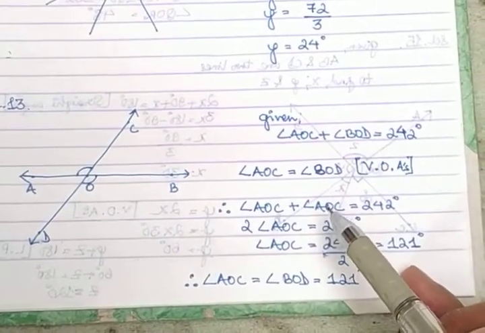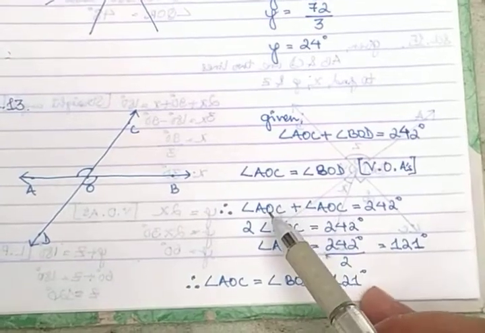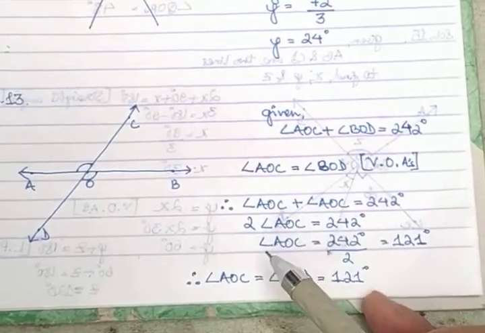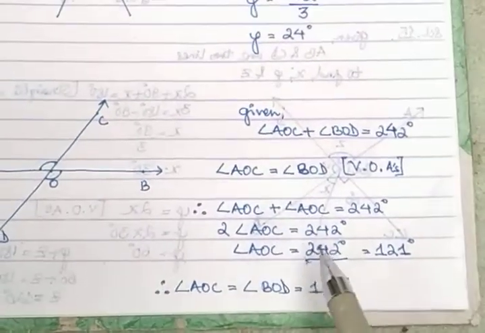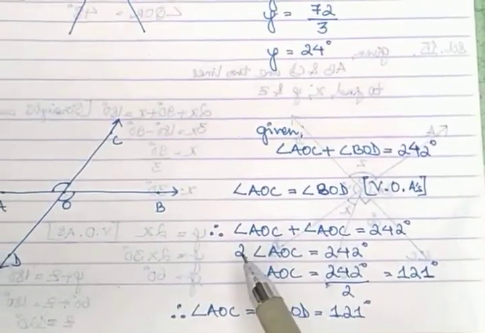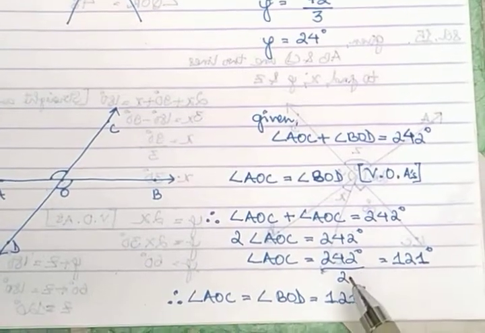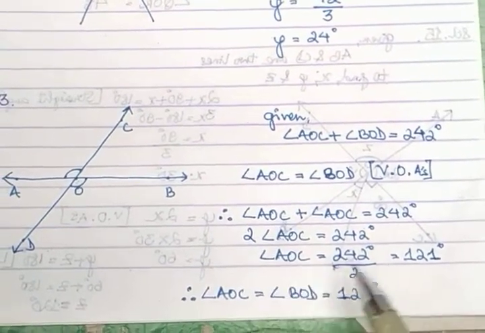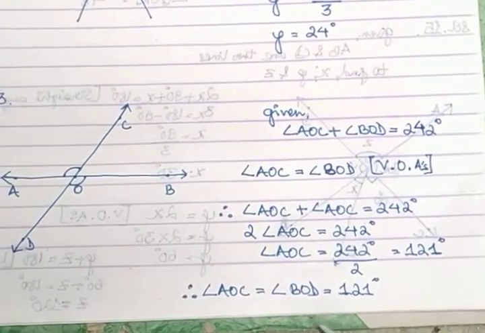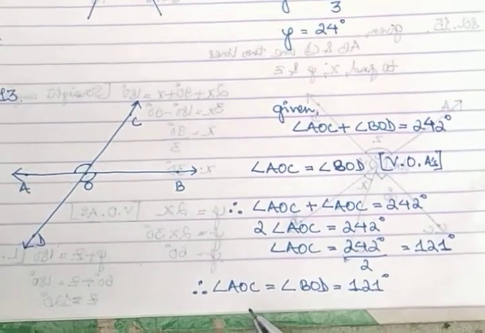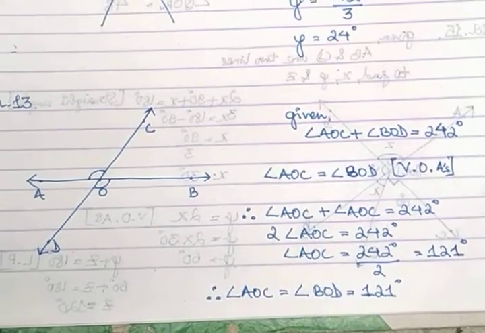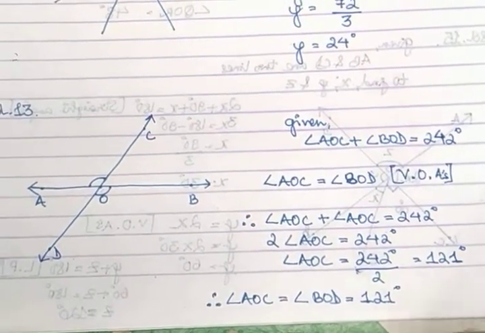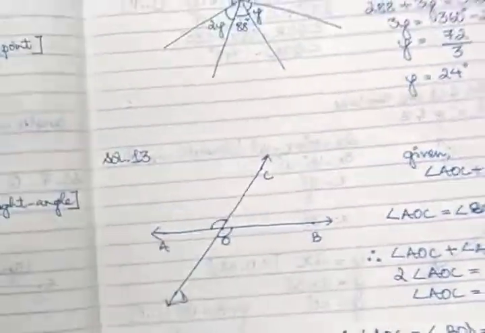Now, AOC plus AOC gives you 2 AOC, so 2 angle AOC equals 242 degrees. Now this 2 goes to the other side, it becomes division, so angle AOC equals 121 degrees. So therefore, angle AOC equals angle BOD equals 121 degrees. Okay, so that is how it is done.